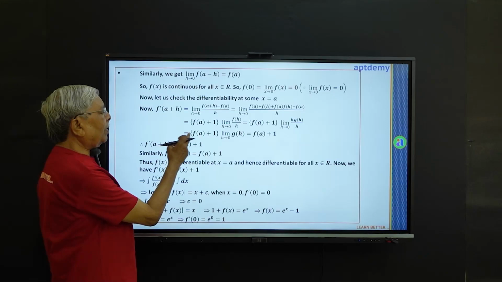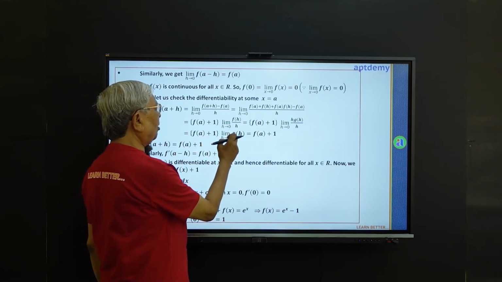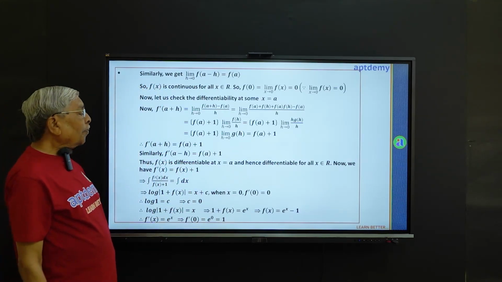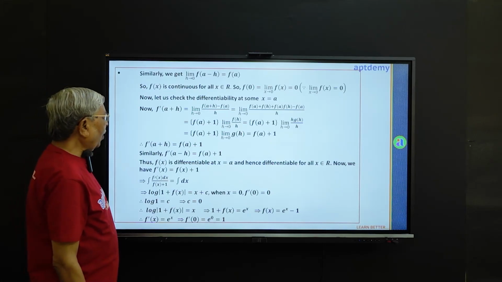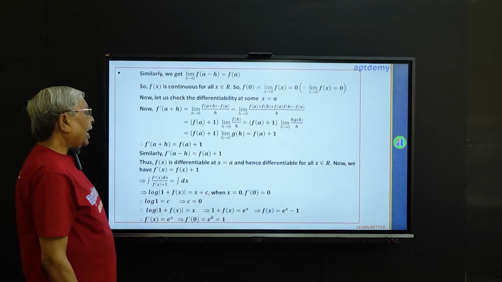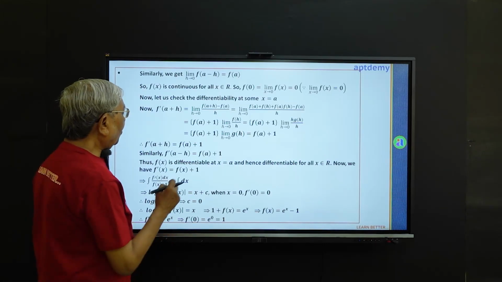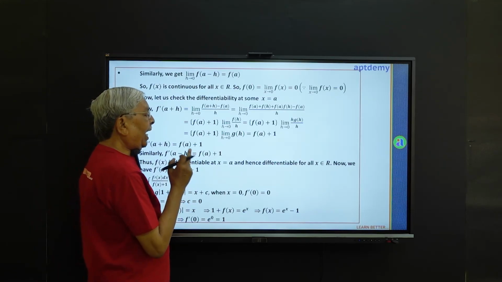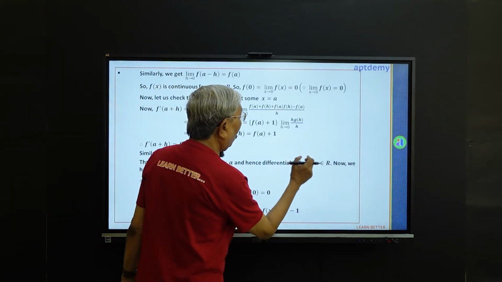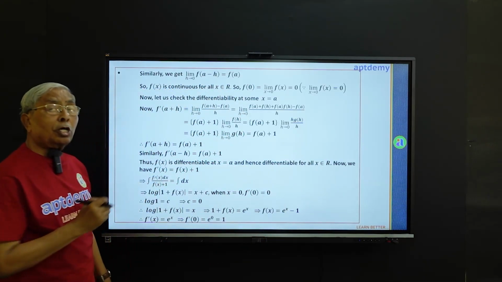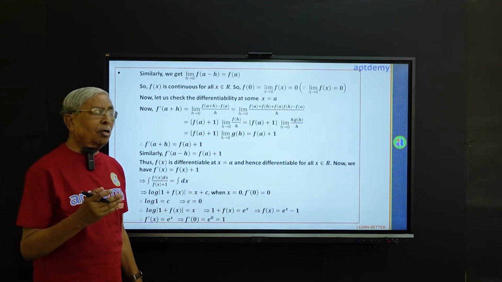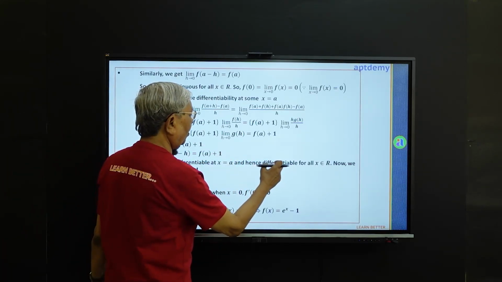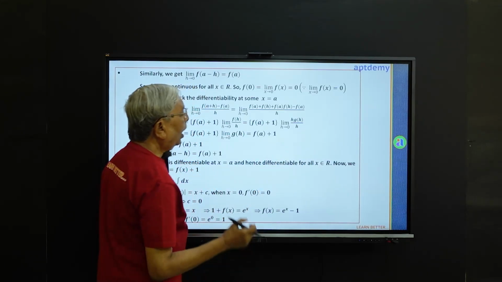So we can write (f(a)+1) into limit h tends to 0 of g(h), that is equal to f(a)+1. Similarly, the left-hand derivative is also f(a)+1. So f(x) is differentiable at x equal to a, and since we have taken any point a belongs to R, the function is differentiable for all x belongs to R.